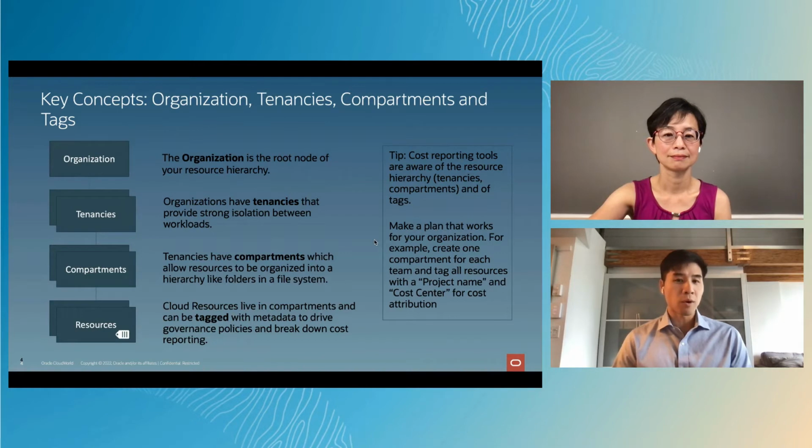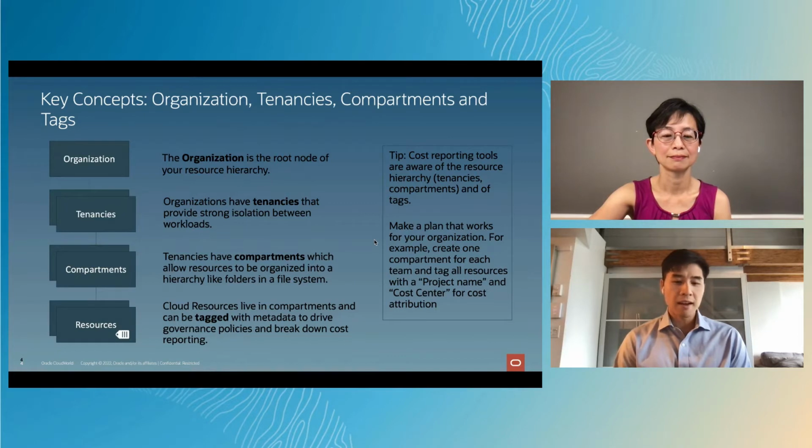And as you continue to grow out your business into an enterprise, you may want to start using what we call organizations, which is this multi-tenancy structure for further isolation. So Joanne's going to be talking about the pros and cons of using a tenancy structure versus a compartment structure, and how that applies to various customer use cases.